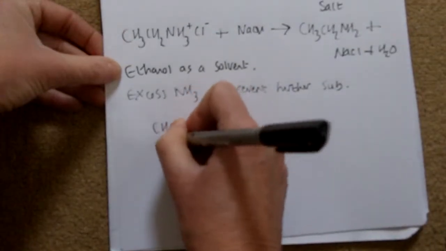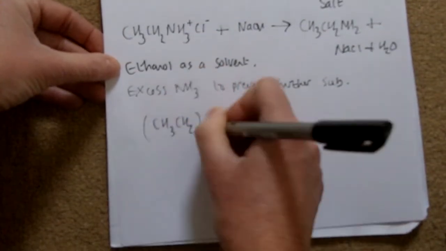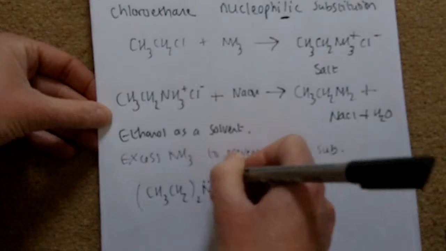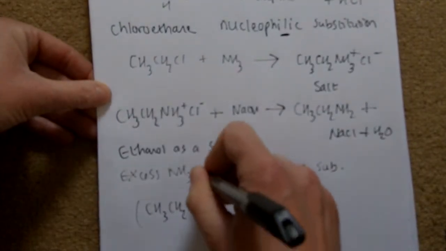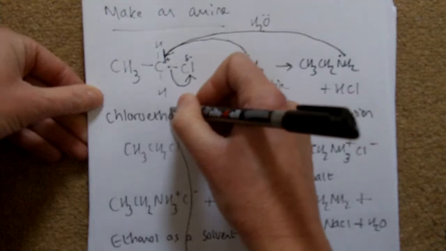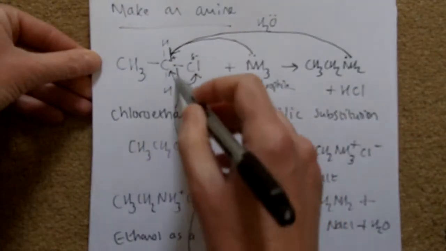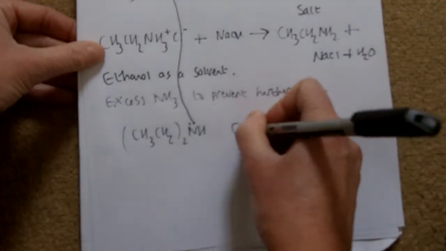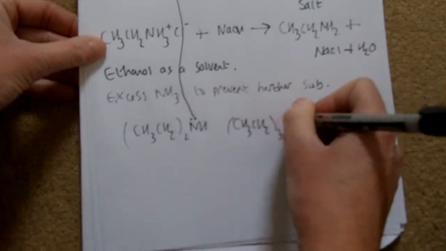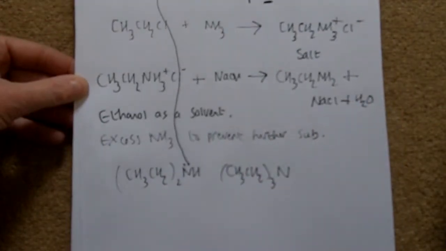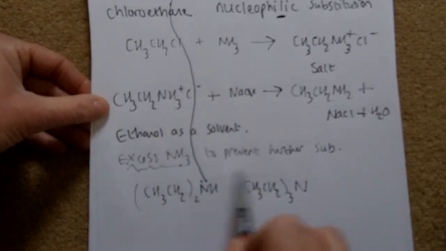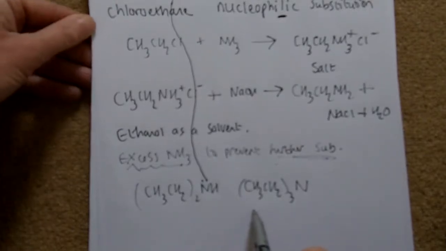So if the product was to come in and do this, then you would get the secondary amine, NH. And can you see the secondary amine's got a lone pair of electrons. That can come in and attack and substitute again and get further substitution, and you can end up with a tertiary amine. Like that, a tertiary amine. So it's really important that if you want to make the amine, you have excess ammonia to prevent the further substitution that can happen.